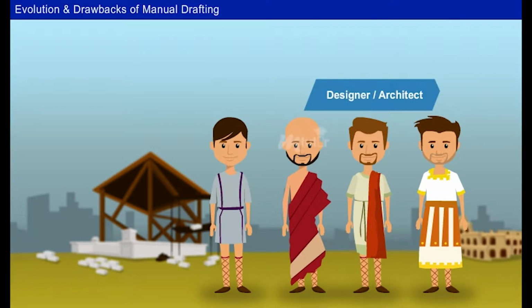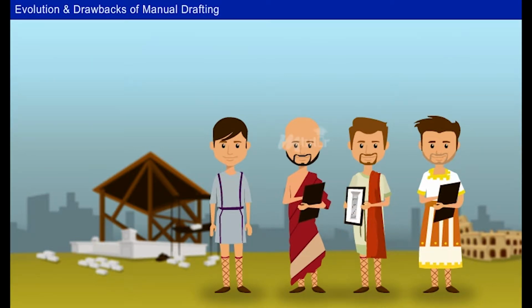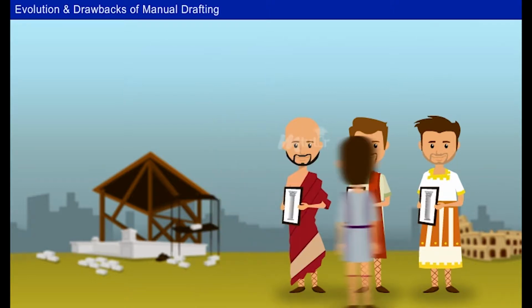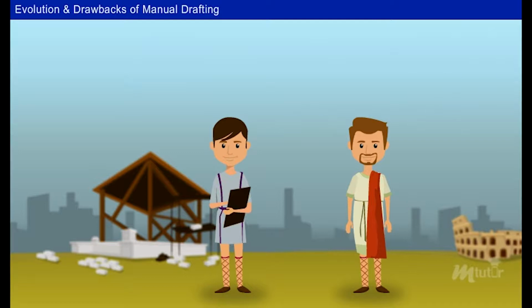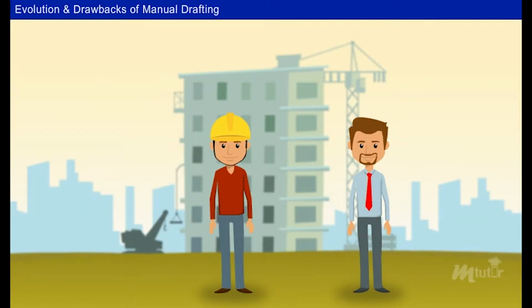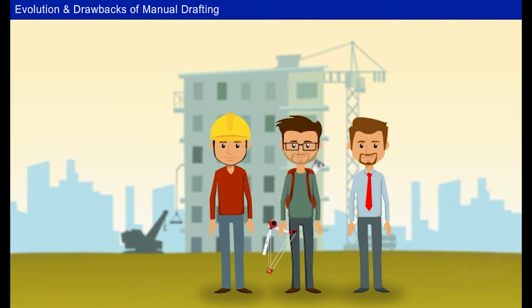Designers or architects drafted their ideas on paper and provided them to the engineers for giving life to their ideas. As the days passed, they started hiring skilled laborers, particularly to create their design and act as a translator to the engineers.